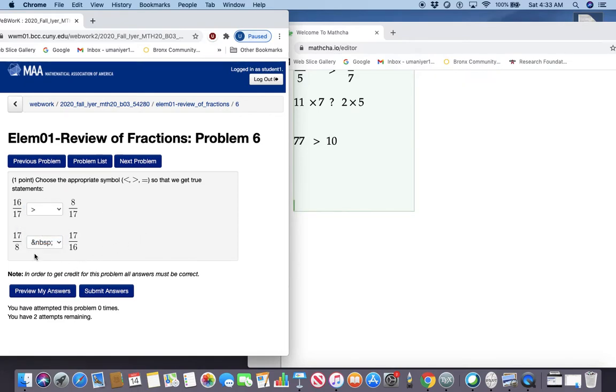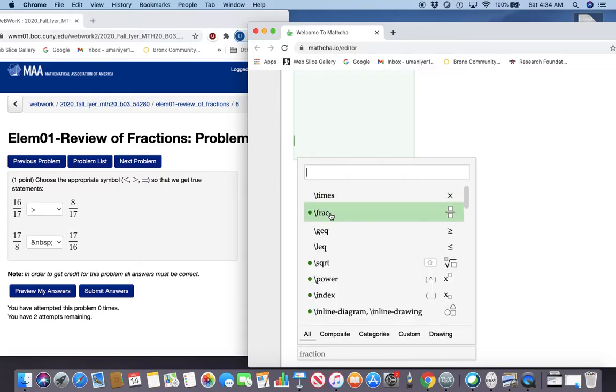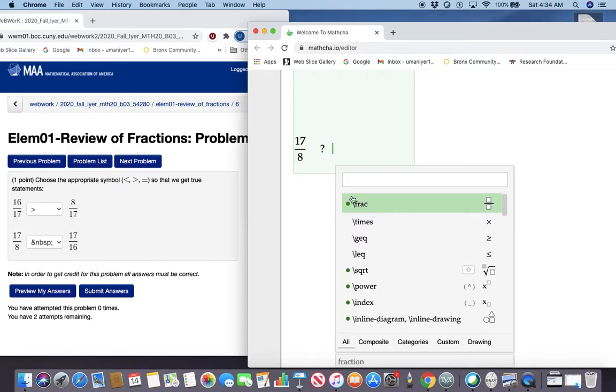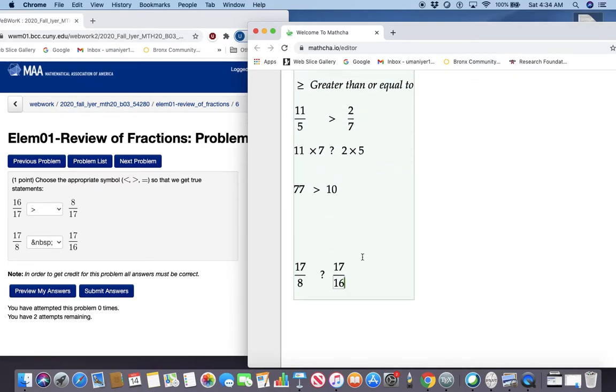Now here the denominators are different, so I will need to do something. We are looking at fraction 17 over 8 and comparing it with fraction 17 over 16. You can do the previous approach, and here is yet another approach.